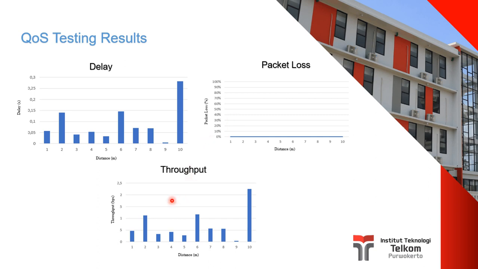And then last is the throughput, and we can see also from the several distances 1, 2, 3, 4, 5, 6, 7, 8, 9, 10 that the throughput is very high when the distance is 10 meters. We can see the value is over 2 bits per second.